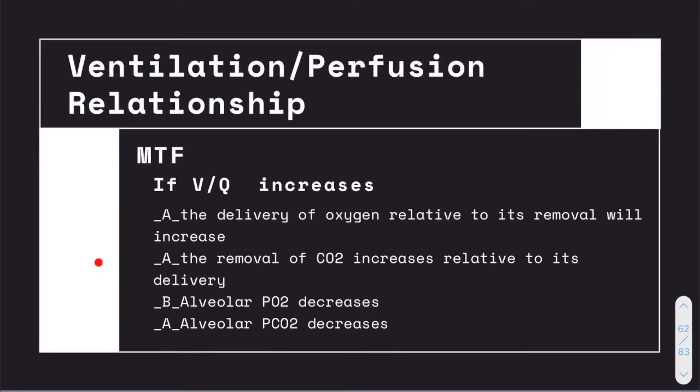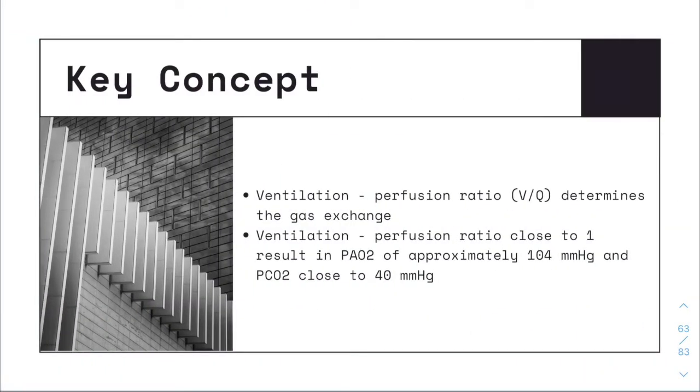So in high VQ, with hyperventilation, the removal of CO2 increases. When you increase your ventilation, you remove your CO2. So what will happen to your alveolar oxygen tension? If you increase your VQ, your oxygen tension increases. So the answer here is false. Your alveolar PCO2 decreases. The answer is correct.